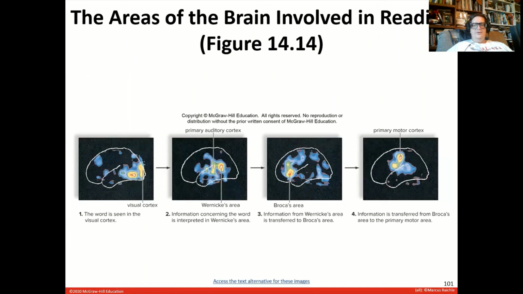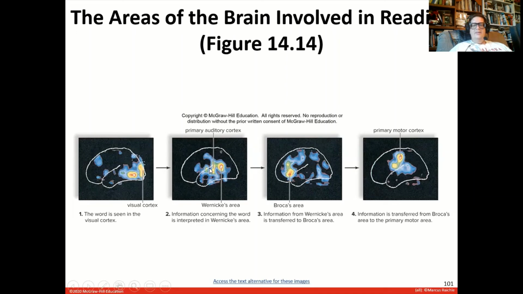All right, so here we have areas of the brain that are involved in reading. If you see the word, you're using your eyes. This is occipital. You are interpreting the information. So you could hear the word, you could see the word, but either way, you're going to look for meaning.